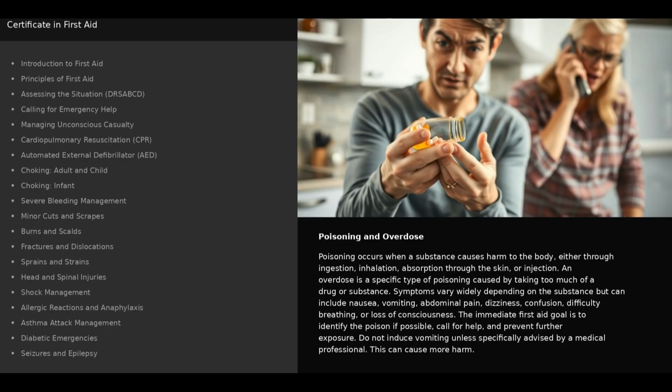Symptoms vary widely depending on the substance, but can include nausea, vomiting, abdominal pain, dizziness, confusion, difficulty breathing, or loss of consciousness. The immediate first aid goal is to identify the poison if possible, call for help, and prevent further exposure. Do not induce vomiting unless specifically advised by a medical professional. This can cause more harm.